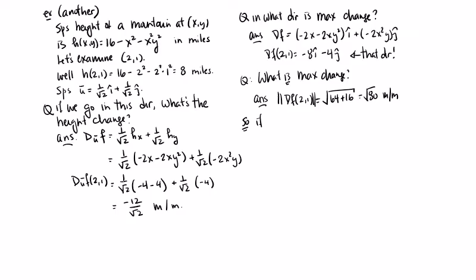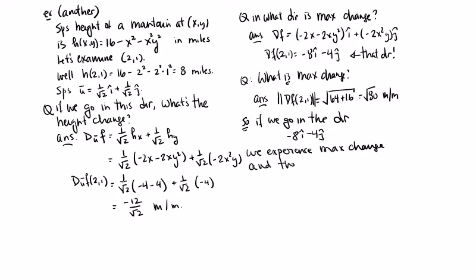So these last two questions can be summarized as: if we go in the direction negative 8i minus 4j, we experience max change, and that max change is the square root of 80 meters per meter.